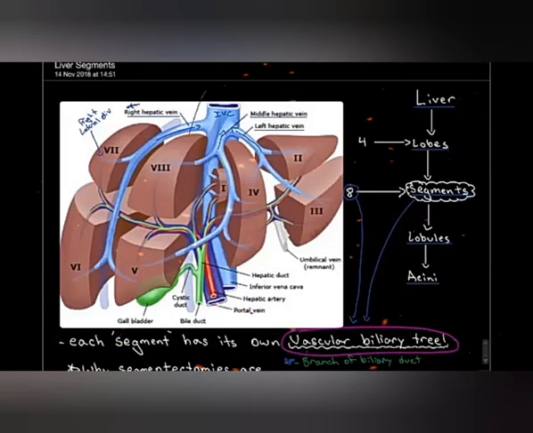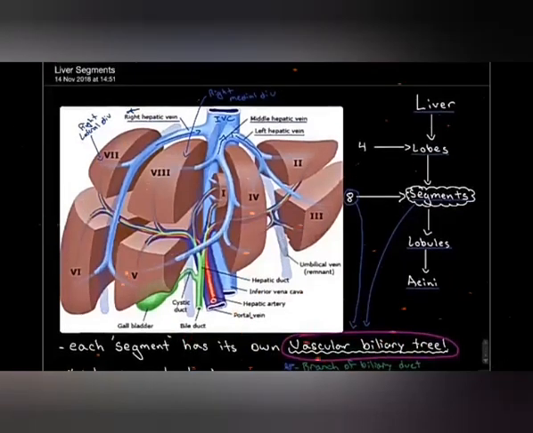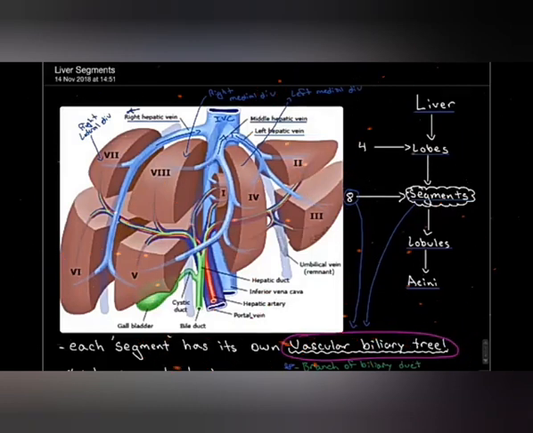The middle hepatic vein divides the right medial division, which includes segments number 8 and 5, and also drains blood from segment number 4. You can see now the left hepatic vein, which drains blood from segments number 4, 2, and 3, and subdivides the liver into the left medial division and the left lateral division.